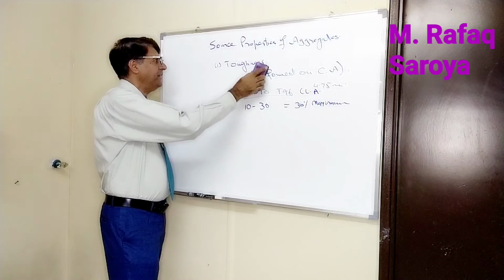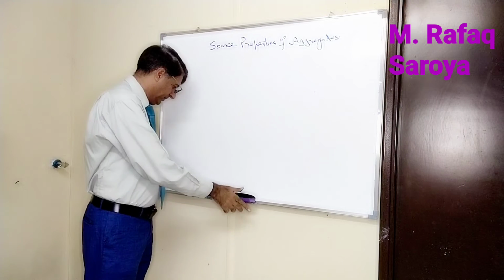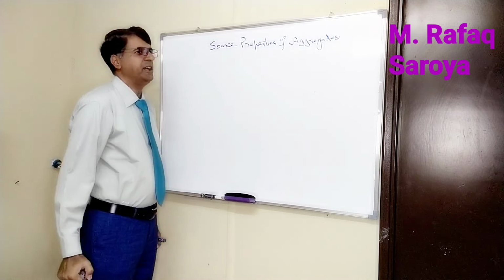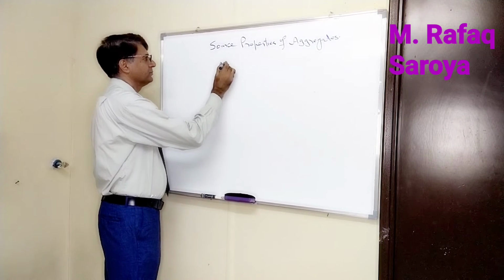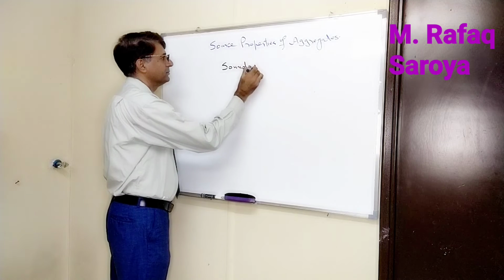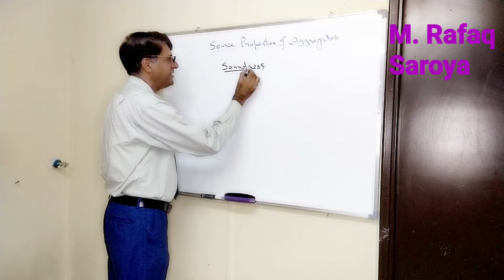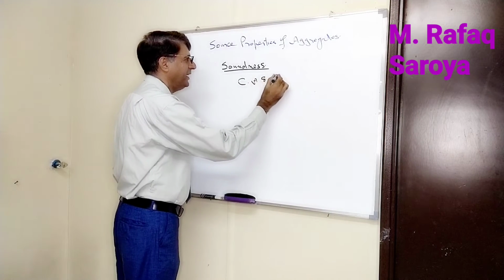Now after this toughness, the second property, which you people are very much familiar with already, is the soundness. This soundness is related with coarse aggregate as well as fine aggregate.